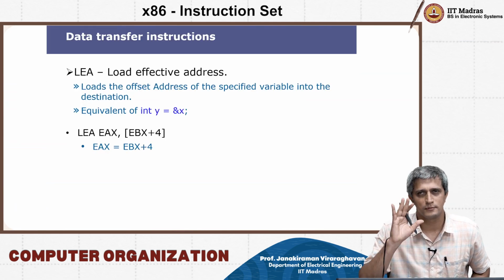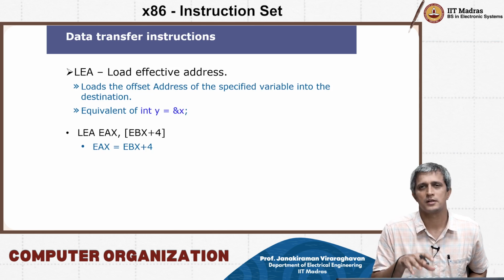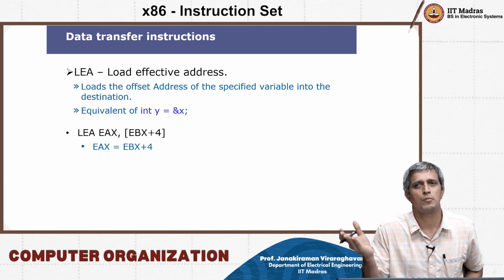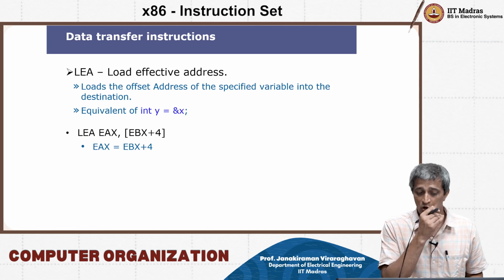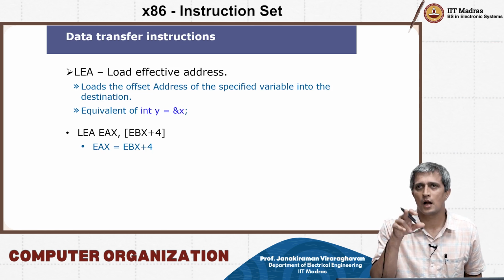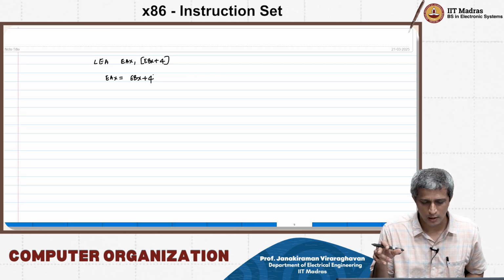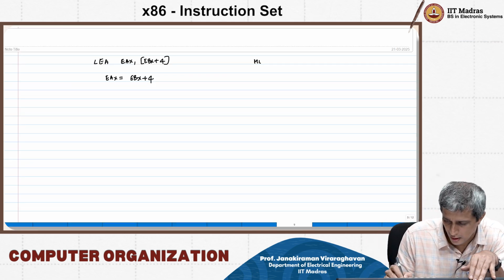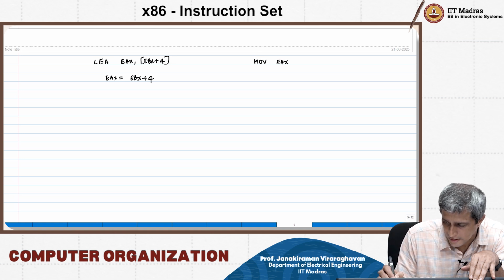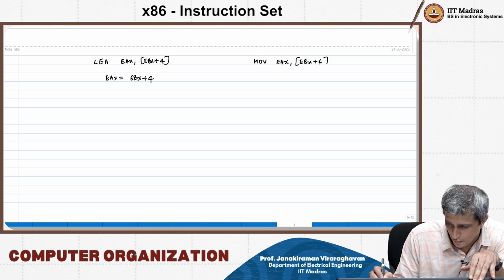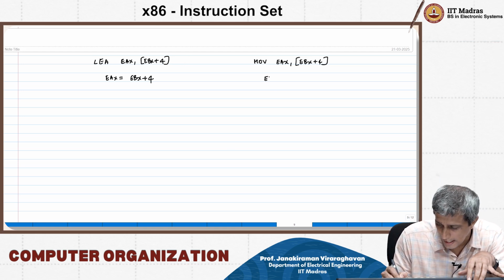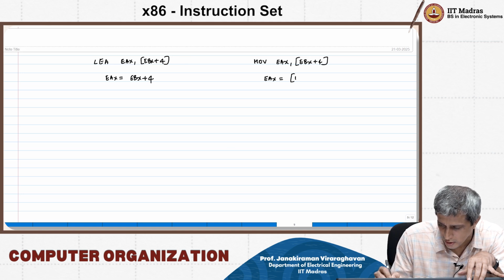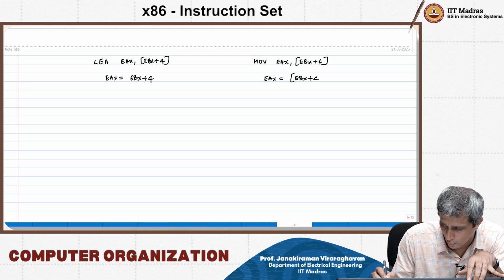Just remember that if you want to do EAX equal to EBX plus some offset, right, then the only way to do that is through the LEA instruction. So there is a difference between move EAX comma contents of EBX plus 4 and LEA EAX comma contents of EBX plus 4.